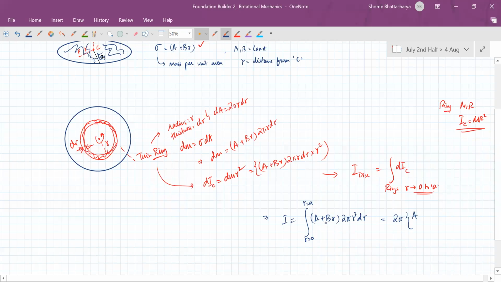Then capital A is multiplied with r cube, so it becomes, after integration, A r to the power 4 by 4, and capital B is multiplied by r to the power 4, which after integration becomes B r to the power 5 by 5. And the limits are from 0 to a. So the moment of inertia of the disk becomes 2 pi a to the power 4, which we can take common, and we are left with capital A by 4 plus B into small a by 5. This kind of term we get.